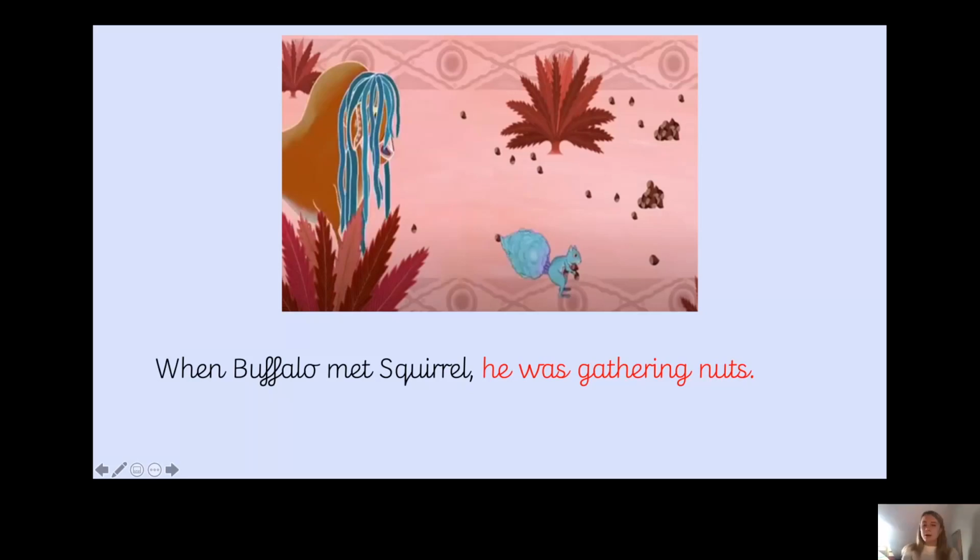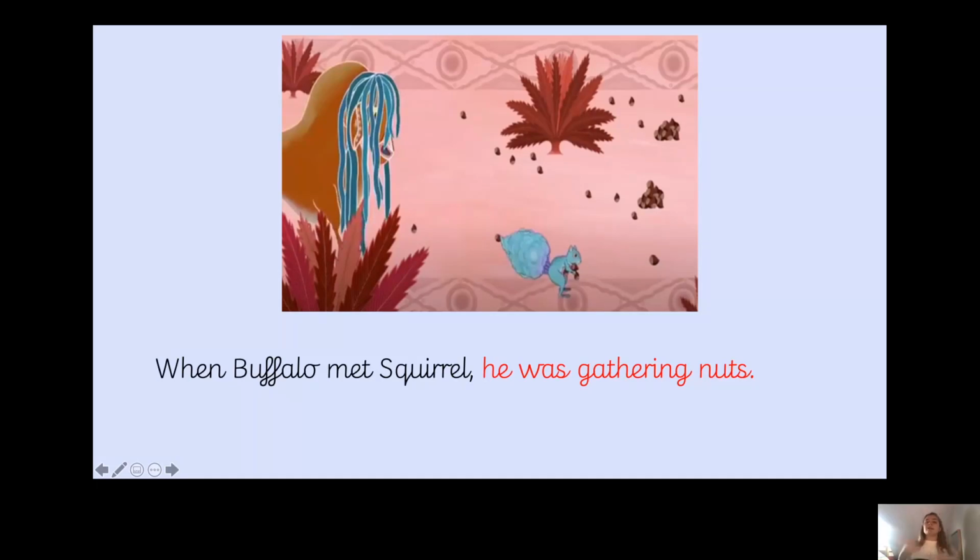So now it is your turn. You have got a worksheet called Year 2 English 30th of June resource, okay? And you've got lots of pictures on this worksheet. For the first, I think it is 4 pictures, I have given you the first part of the sentence and the conjunction. And all you need to do is, based on the picture, finish that sentence, using the first part of the sentence and the conjunction, okay?